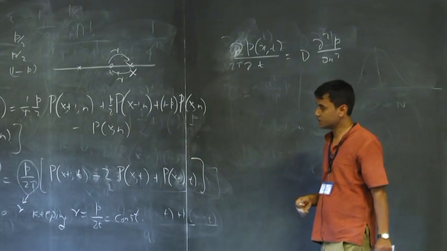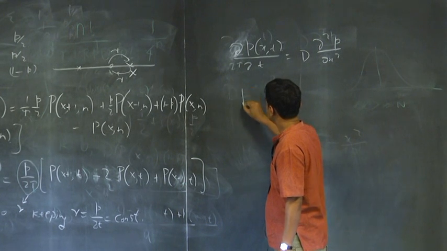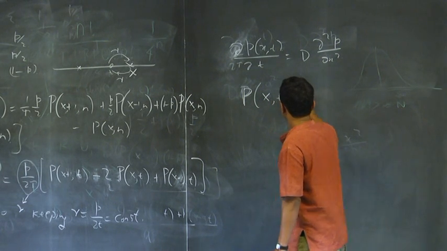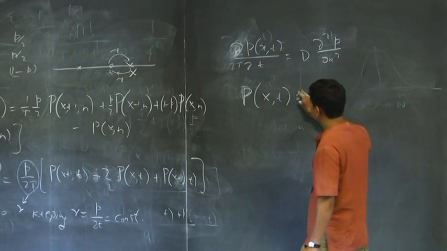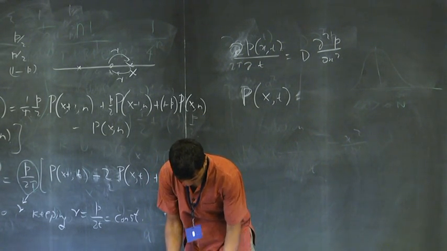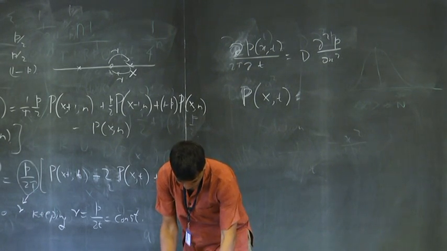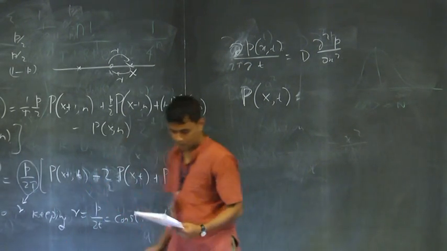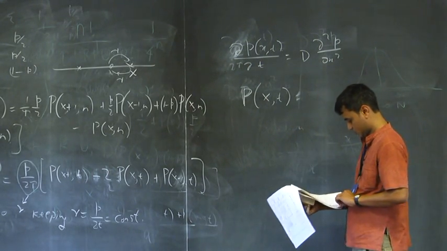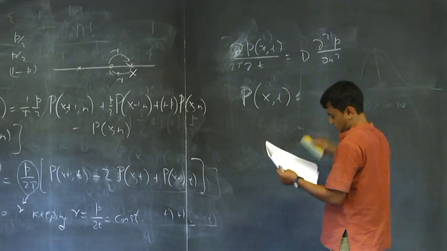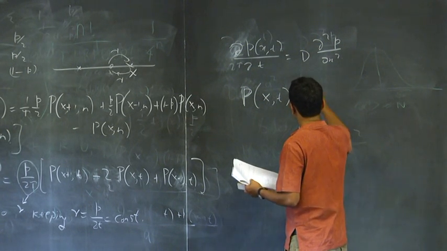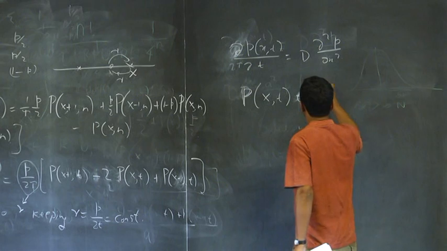So what you do is p of x, t. Now suppose I define theta x.